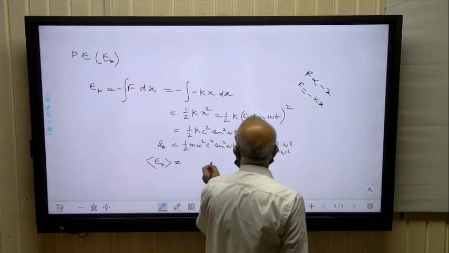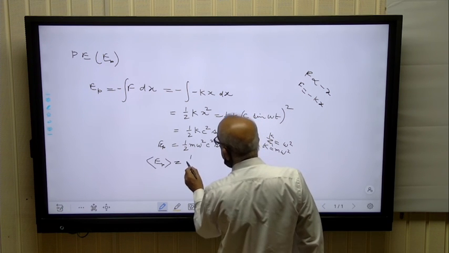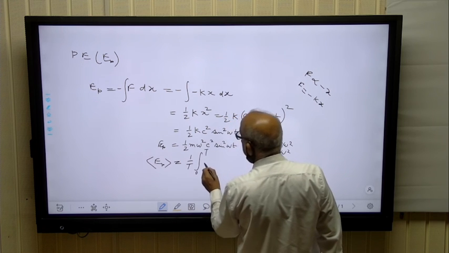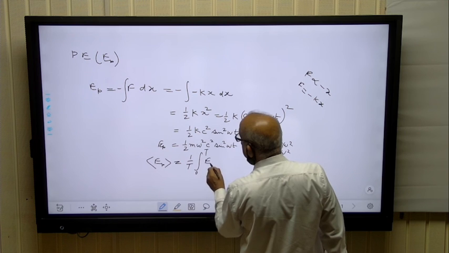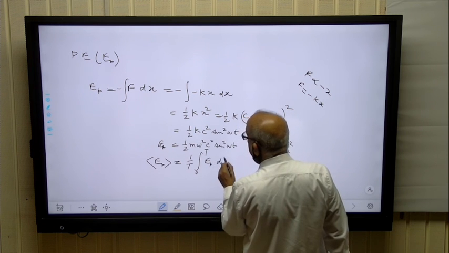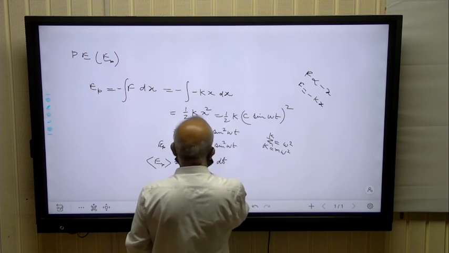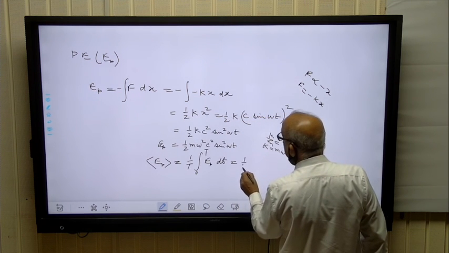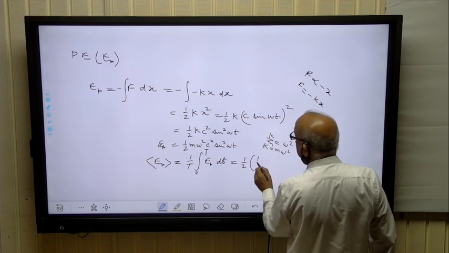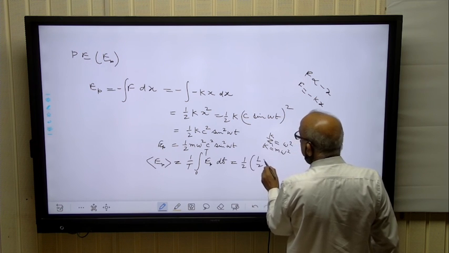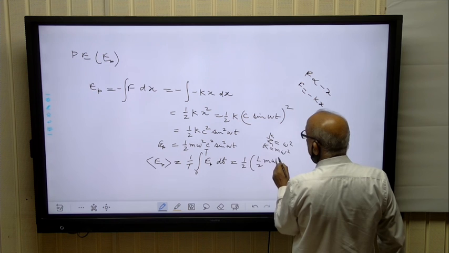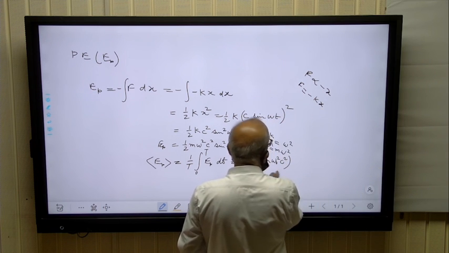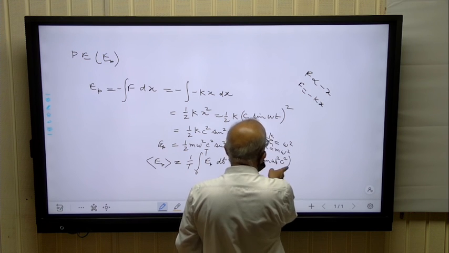If I take the average, it is the same: 1 by T integral from 0 to T of E P dt. If I put the value of this, it again comes out to be 1 by 2 of half m omega square c square, which previously I called E naught.